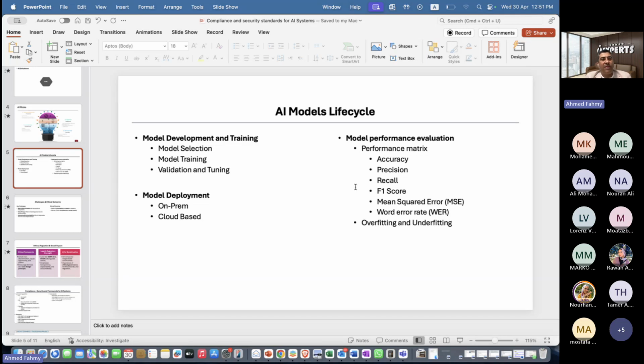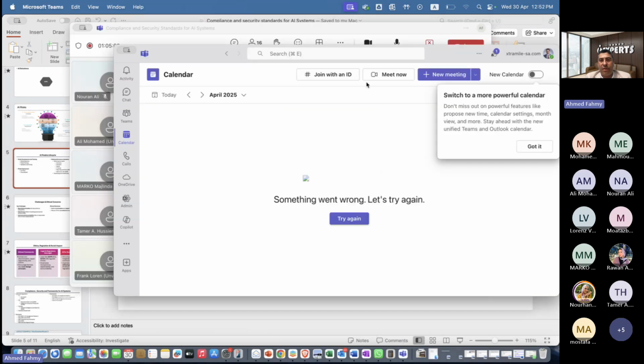So measuring all of this information continuously is one of the key aspects within the organization to measure the maturity and the effectiveness of the AI solution. Okay, I hope that answers your question.